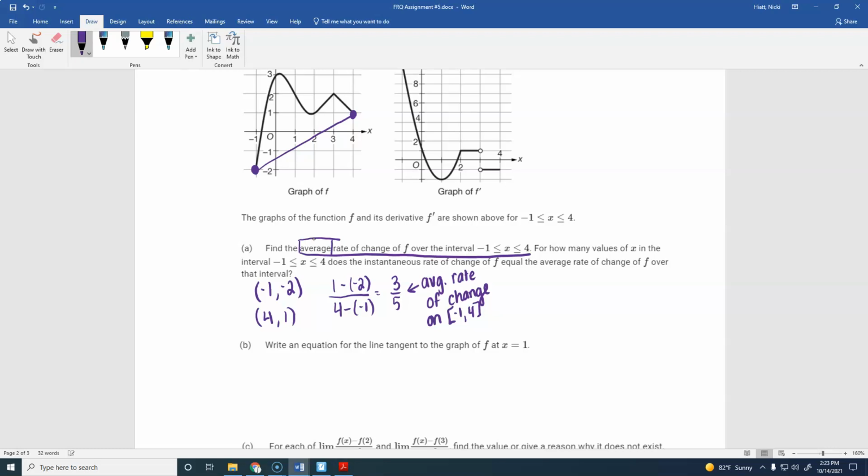Correct. So (-1, -2) is this endpoint of the graph, and (4, 1) is the other endpoint. We just did the slope. And it would be perfectly fine if you didn't do the slope formula at all, and you just counted up 1, 2, 3 over 1, 2, 3, 4, 5. Maybe just count it from the graph.